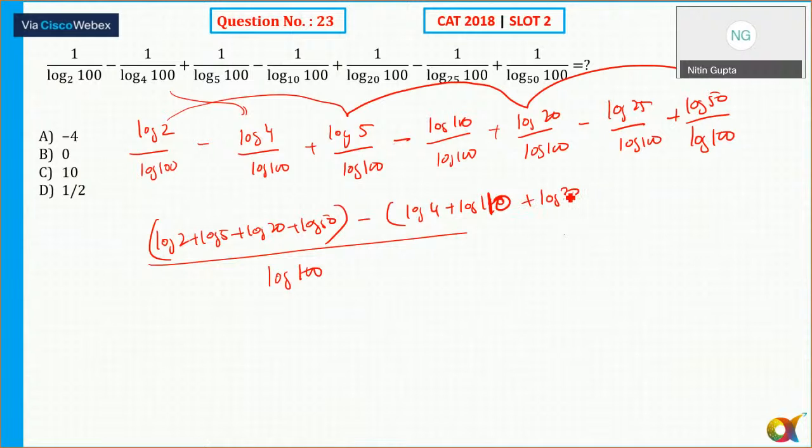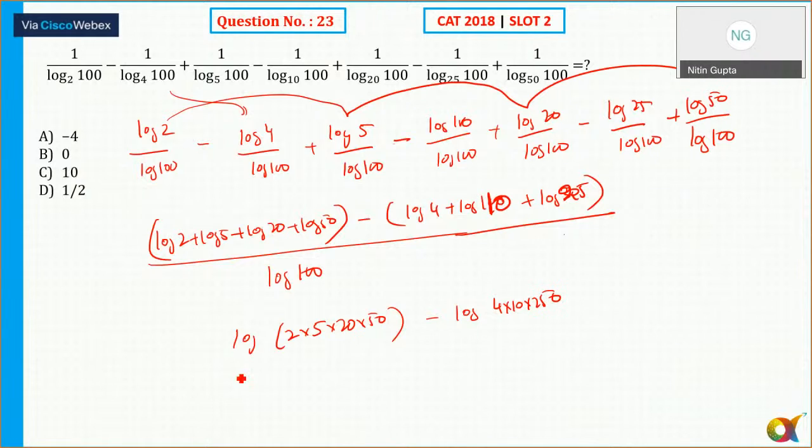There are three terms which are negative. Now we know that log A plus log B plus log C is equal to log ABC. So this will be 2 into 5 into 20 into 50, minus log of 4 into 10 into 25, upon log 100.